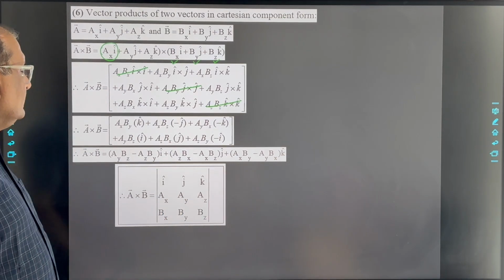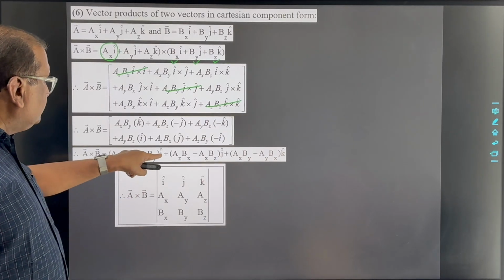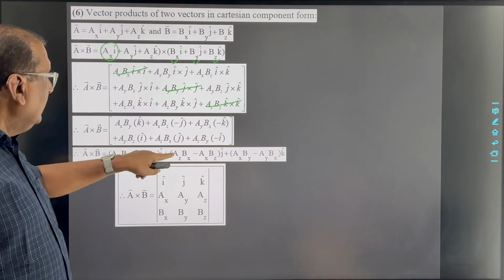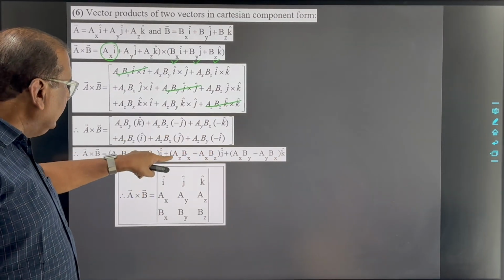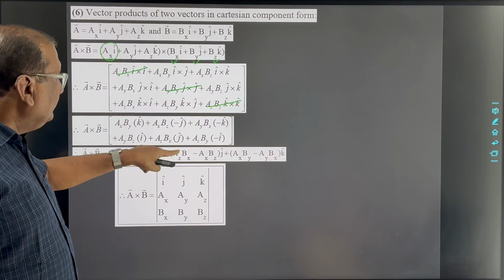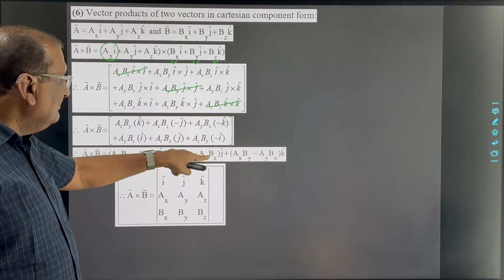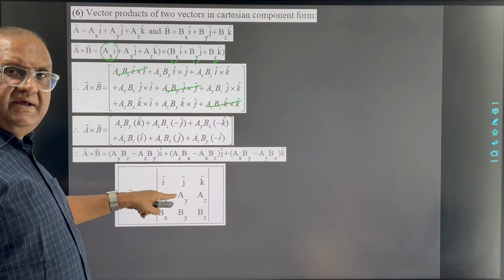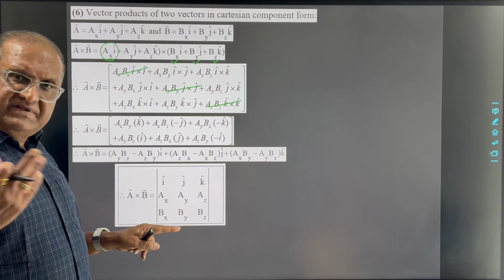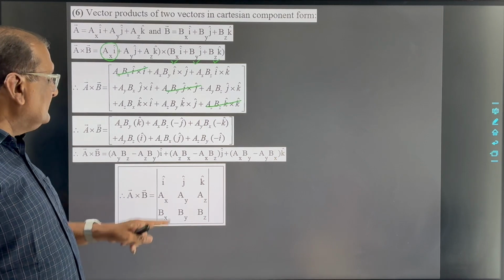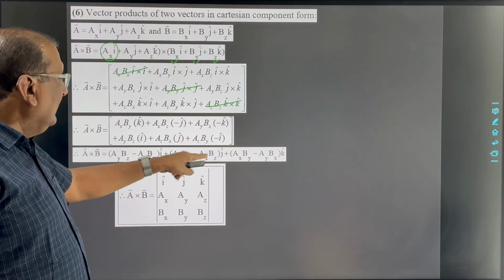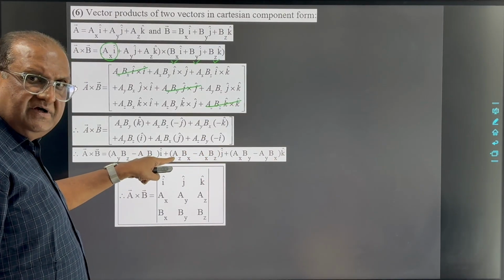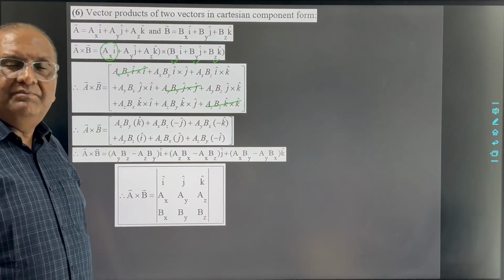See here, in this second step, j caret is taken common, so Az Bx comes first, then minus Ax Bz. But when we solve the determinant, j will appear with a negative sign. So remember this: in that case, when you take j with a negative sign, then Ax Bz will come first, then minus Az Bx.